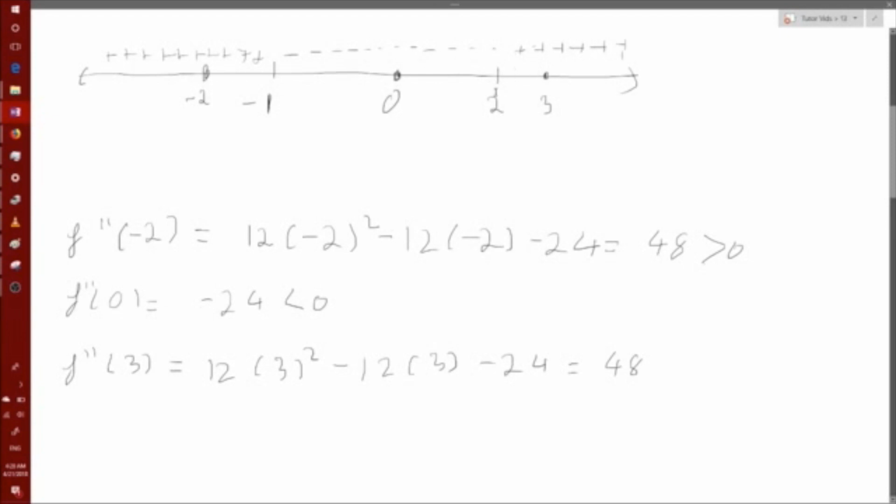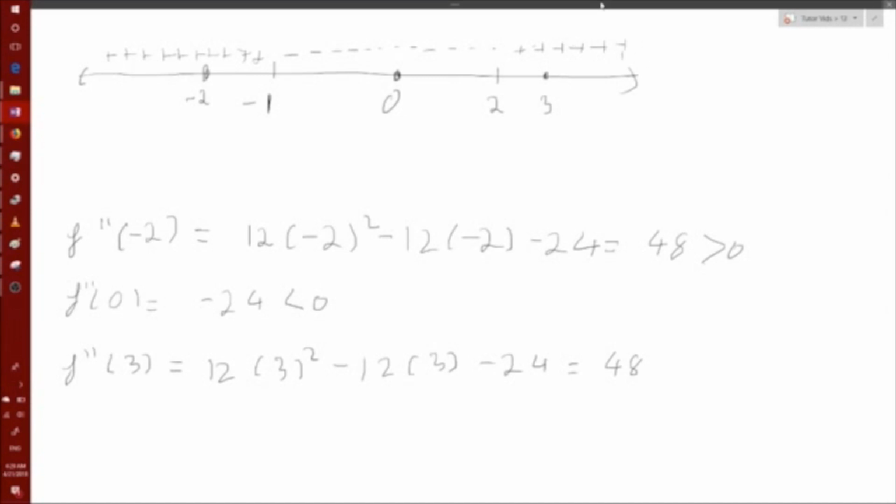It means that this is also an inflection point. And the function is concave downwards between negative 1 and 2. It is concave upwards from negative infinity to negative 1, and from 2 to infinity.